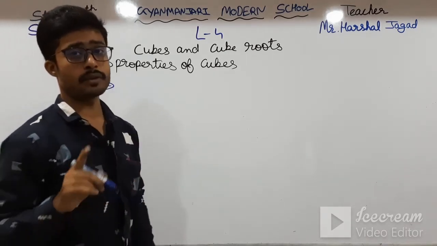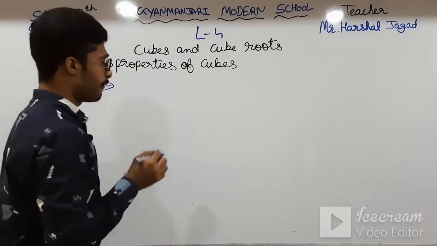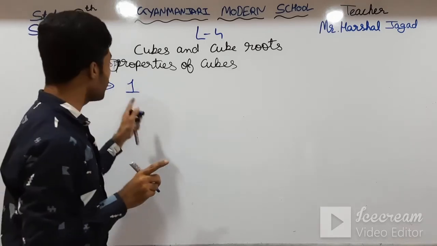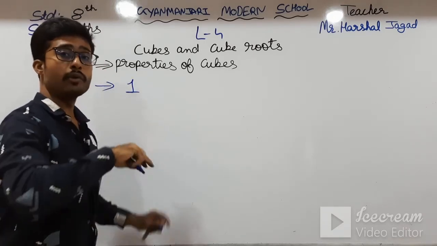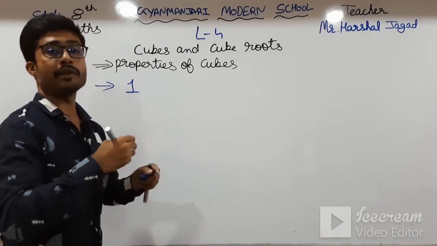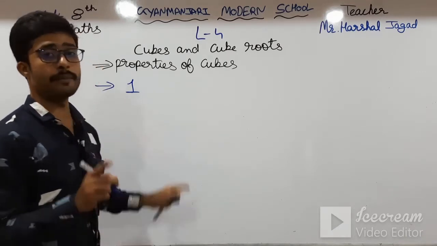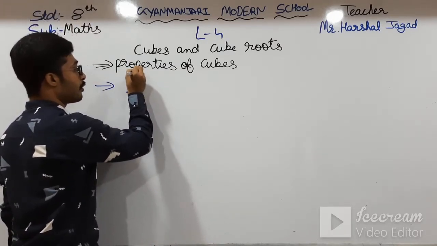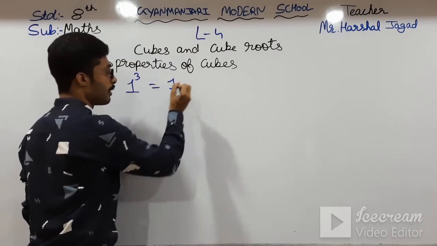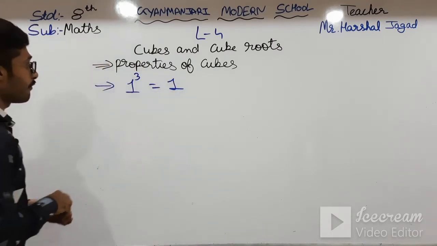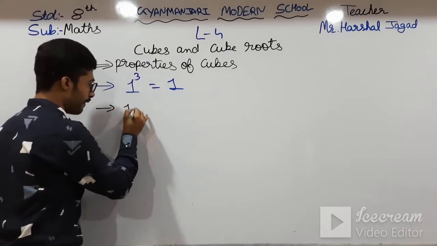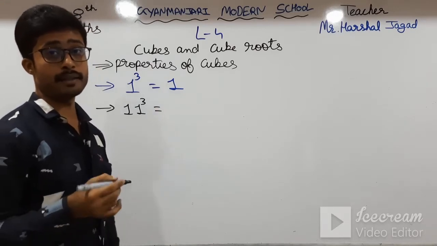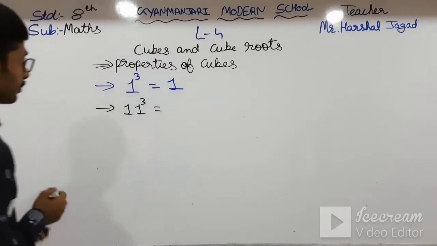Here in your textbook, the first property is, if there is a 1 in the unit place, then when you take its cube, the unit digit will also be 1. Let's take an example of it. If we take the cube of 1, then it will be 1 only. And now if we take the cube of 11, so what is the cube of 11? Can anyone tell me? What is the cube of 11?